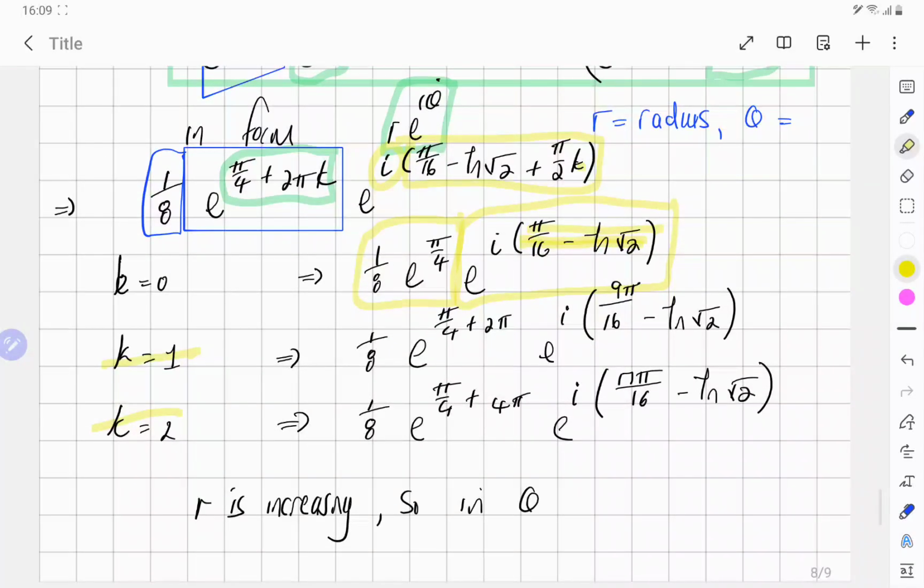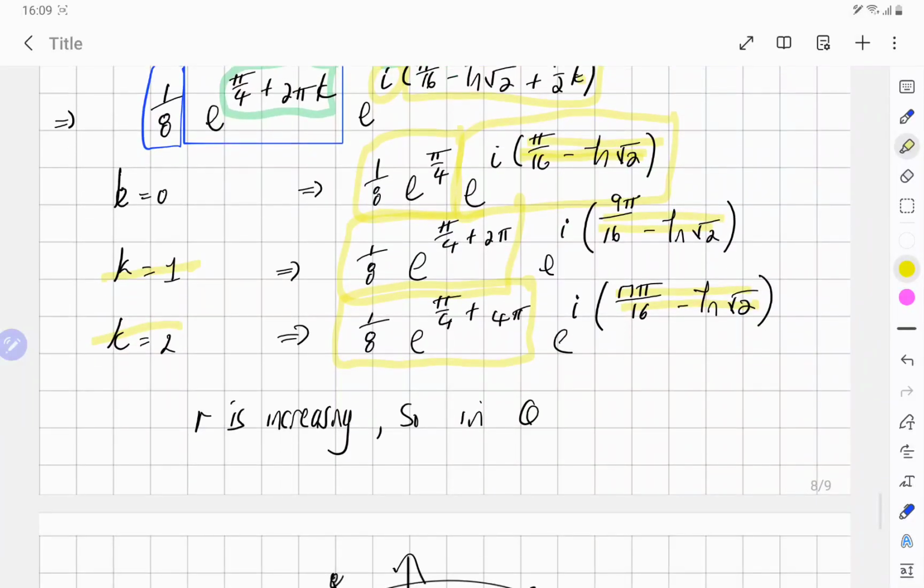You can test that for yourself. So you can pause the video and just see if you get the same radius and argument as me every time. But remember, it's difficult to sketch these accurately. It's impossible without a calculator. All you have to see is that your radius is increasing.